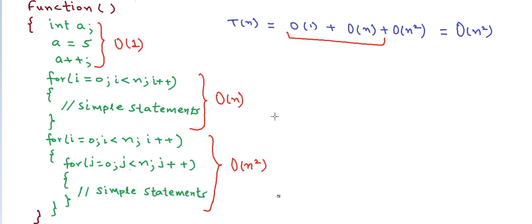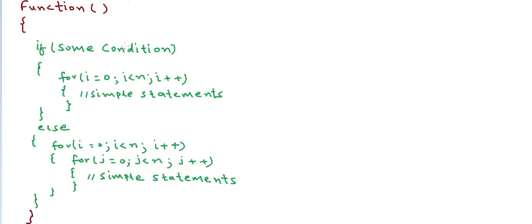Now let's say we have a function where we have some conditional statements. If some condition is true, then we have a single loop which will have a time complexity big O of n, and if this condition is not true, we have a nested double loop which will have a complexity big O of n square.